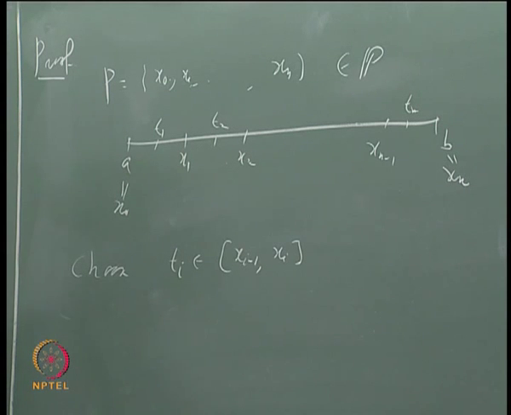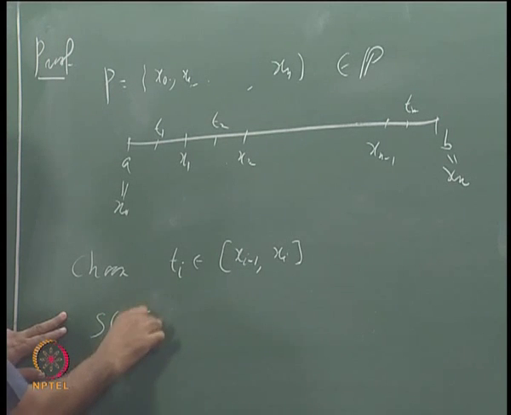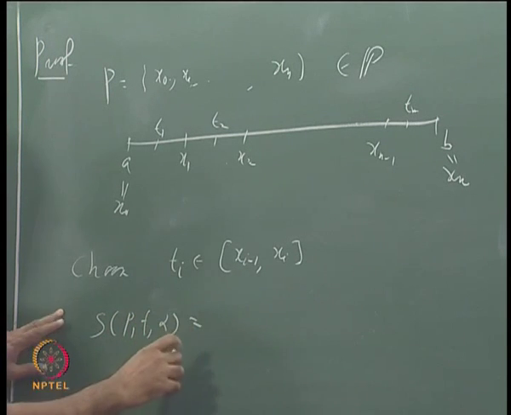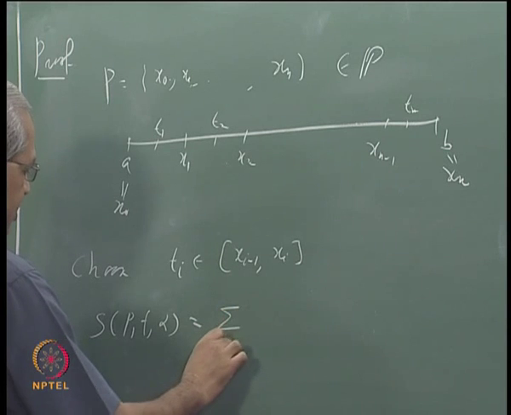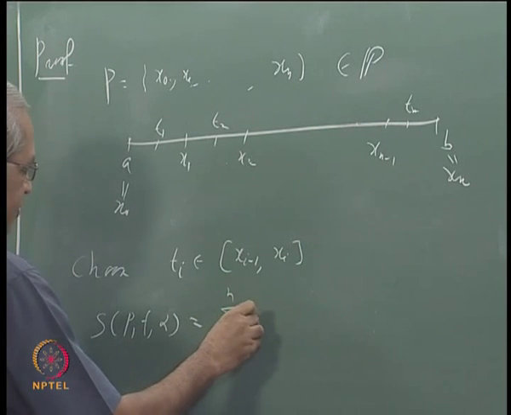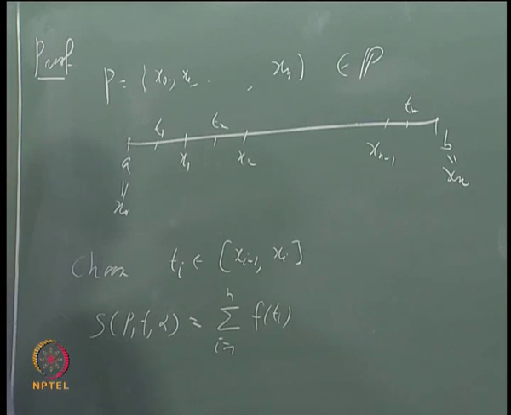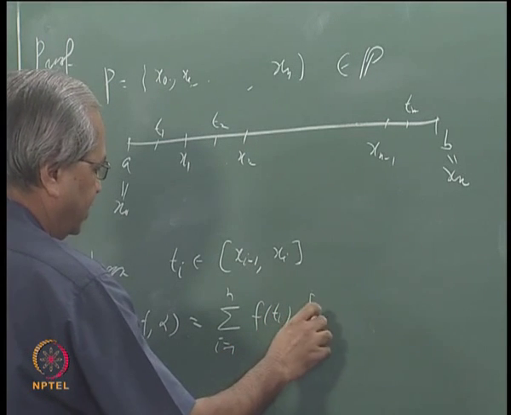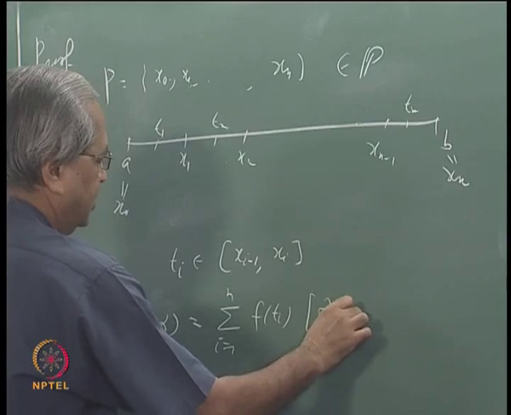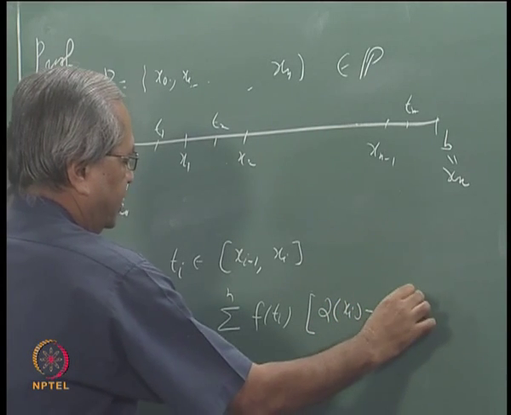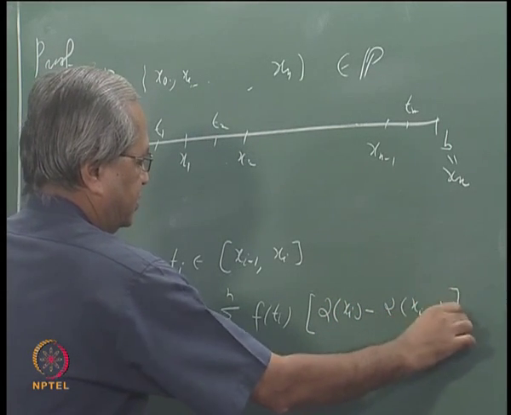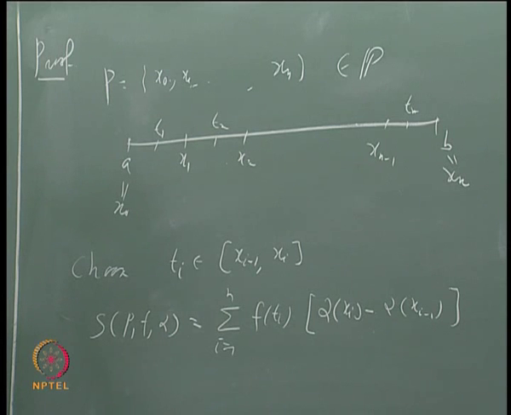Alright, and so what is S(P, f, alpha)? That is the sum over i going from 1 to n of f(Ti) times delta alpha. Let me write this delta alpha in the full form, delta alpha as alpha(xi) minus alpha(x(i-1)).